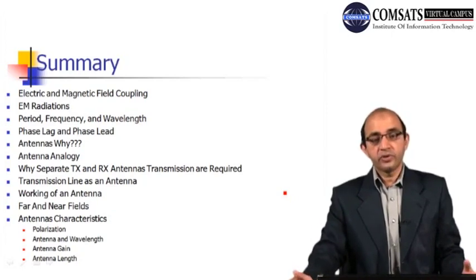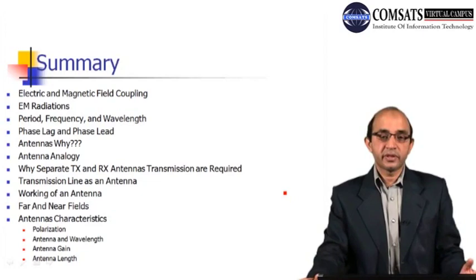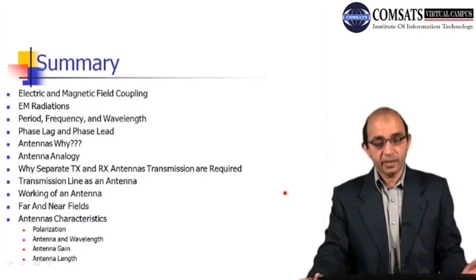We also established why we need separate transmission and reception antennas, though nowadays we have devices with a single antenna acting as a transceiver. There are certain scenarios where we should have transmission and receiving antennas separately, and we talked about the different advantages.